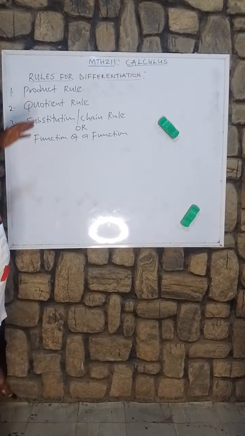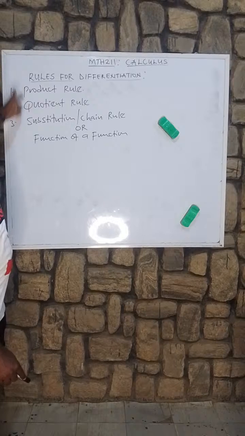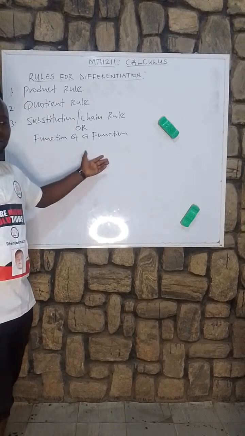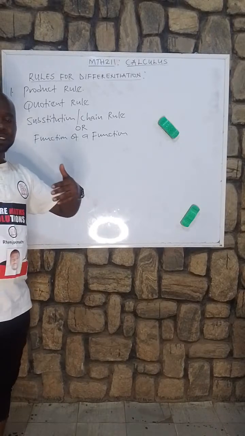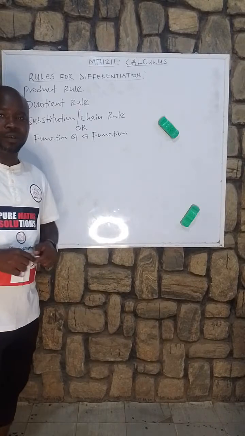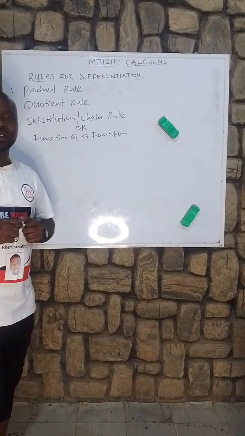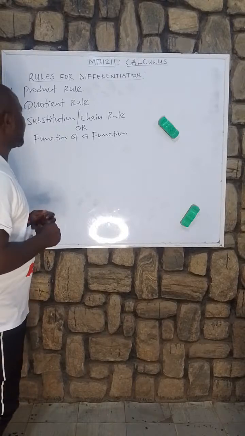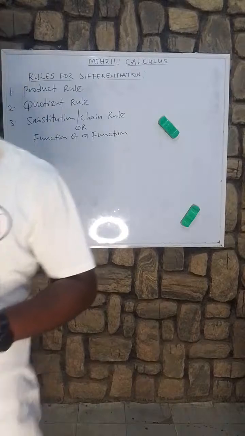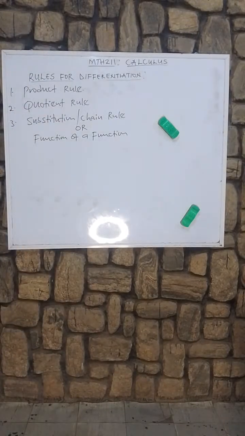So, if you know all these rules, when and how to apply them, whenever you are given a function, I don't think calculus will be difficult for you. Is that clear? So we are going to take one after the other. Do you understand? Are you following? Okay. So far, so good.